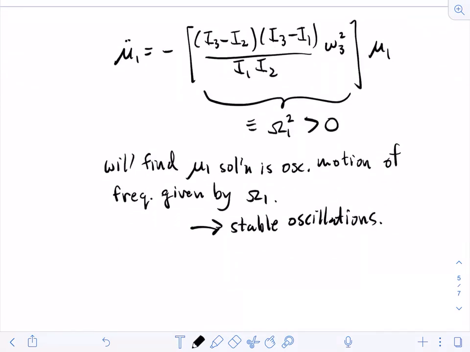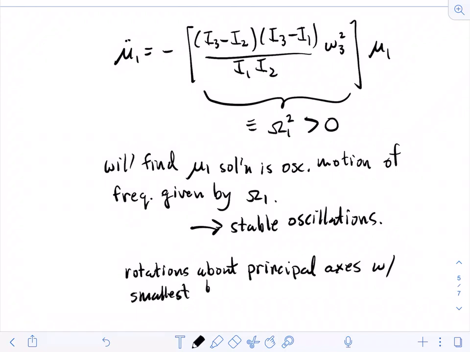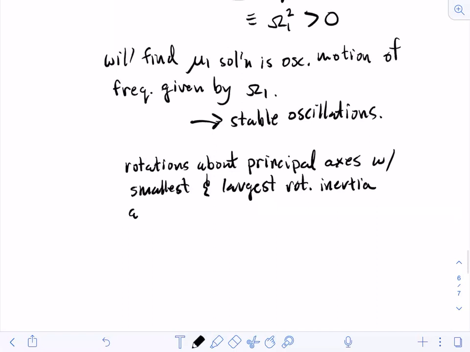What we can say now from the two cases we've studied so far is that rotations about the principal axes with the smallest and largest rotational inertia are stable rotations.